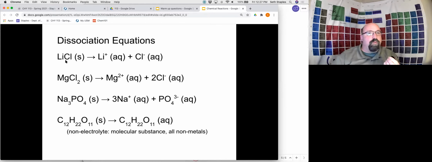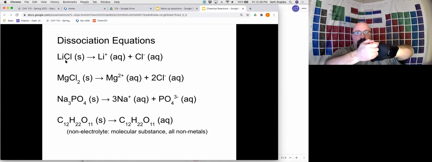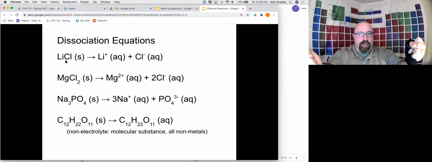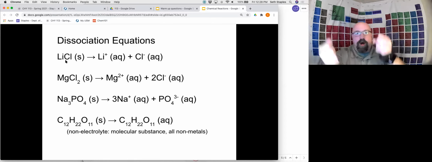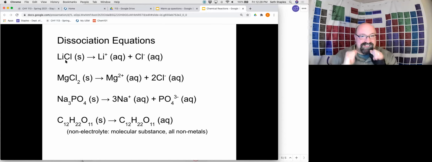It's dissolving in water. When ionic substances dissolve into water, they're going to dissociate into their ions. And so what that means is once it's dissolved in water, I no longer have lithium and chlorine bound together. I have lithium ions and I have chloride ions now all floating around in there. They are going to separate, they're going to dissociate from each other.